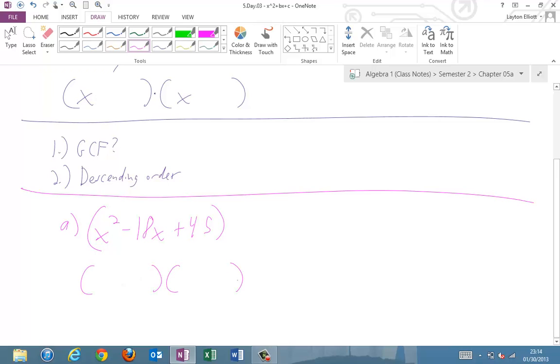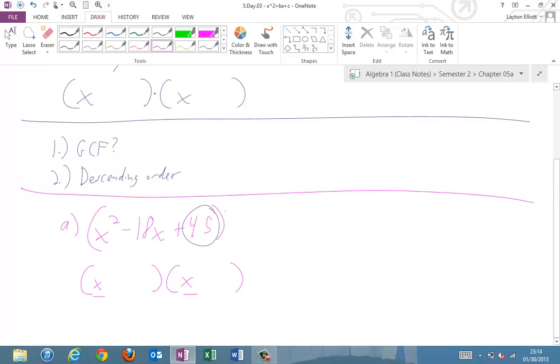Okay. Now you're going to ask yourself a couple questions. You're going to say, what has to go here in the first slot? I know that it could be x squared and 1, but that would be a problem because then when I FOIL it, I wouldn't get an x in the middle. This is probably going to be x and x. Now, the 45.